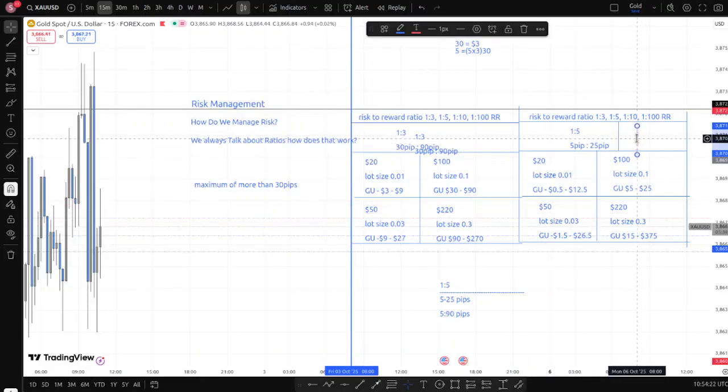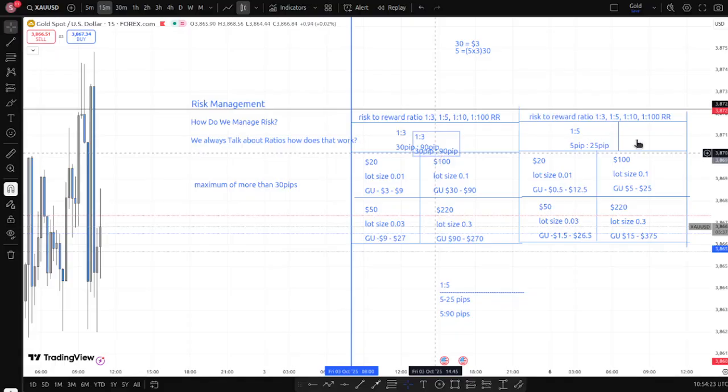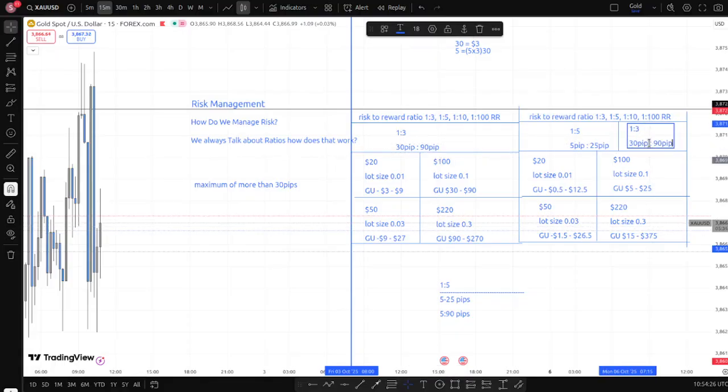Anyways, haya hii itakuwa 5 pips at 1890. This is technically 1 to 18.